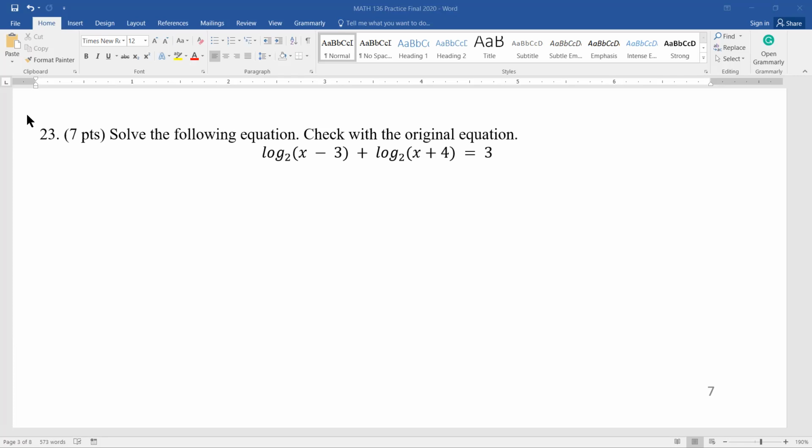Don't circle them quite yet. We've got to go back to the original equation and check them. Keep in mind when we check them, anytime we plug a number into these parentheses, we cannot have a negative. We can't find log base 2 of any negative number. So I'm going to plug in -5. Going back to the original, I would have log base 2 of -5 minus 3 plus log base 2 of -5 plus 4 equals 3.